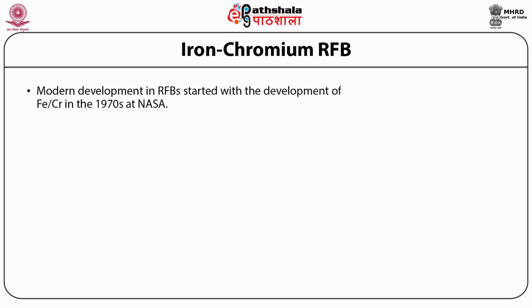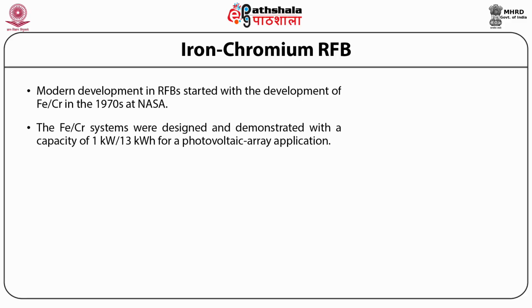Modern development in RFBs started with the development of iron chromium in the 1970s at NASA. A schematic of iron chromium RFB has been shown in the figure below. The iron chromium systems were designed and demonstrated with a capacity of 1 kilowatt, 13 kilowatt hour for a photovoltaic array application.